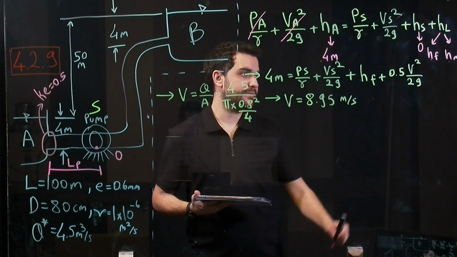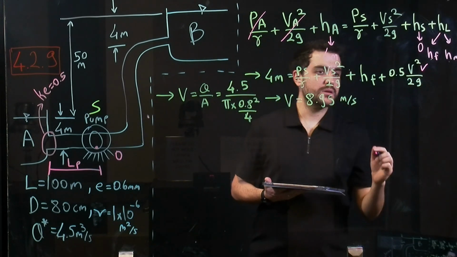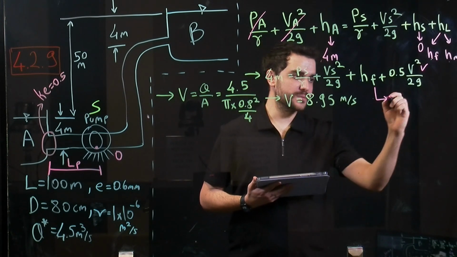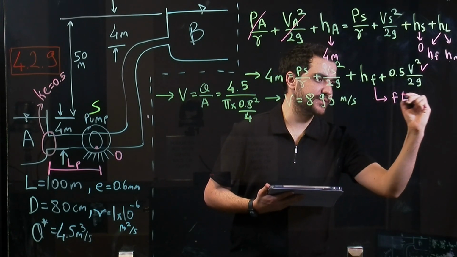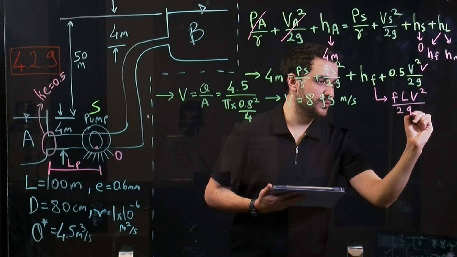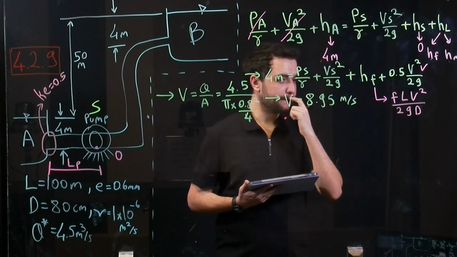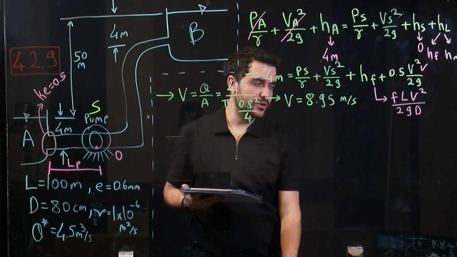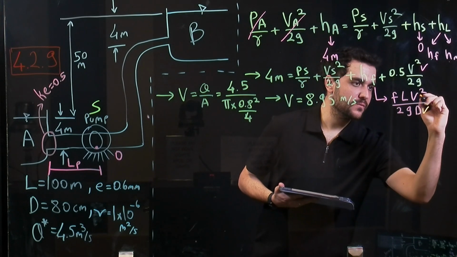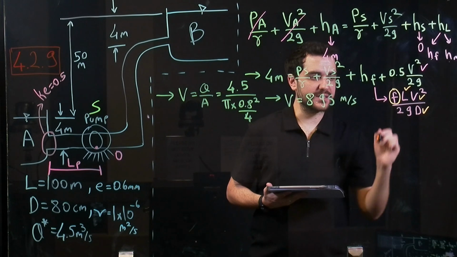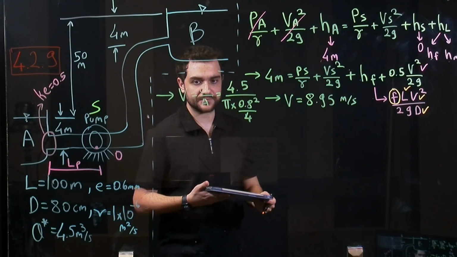So here we have this value, but unfortunately we cannot calculate the friction loss here because it has f L V square over 2GD. And when we look at here, we know this term, we know this one, we know this one, but we will need to find friction factor, which is f.